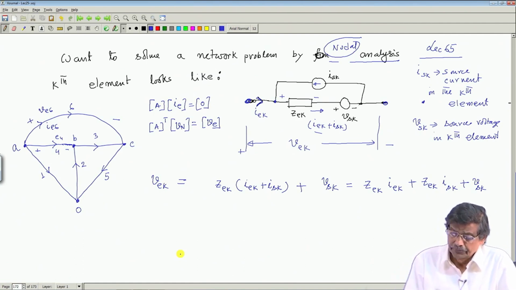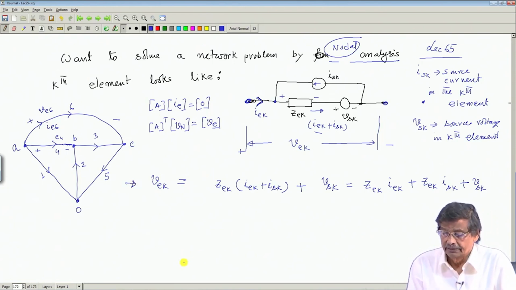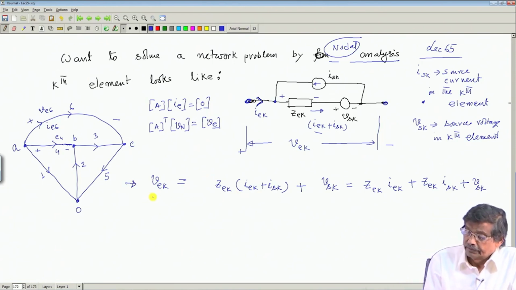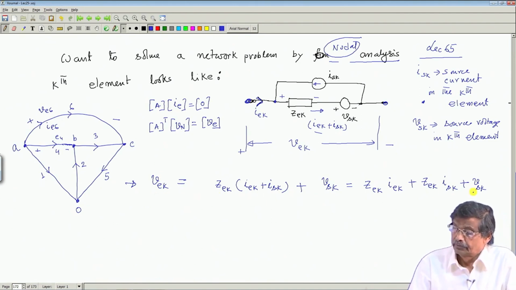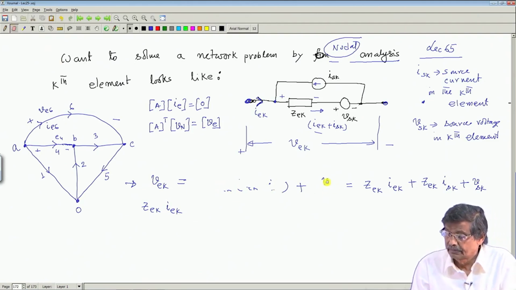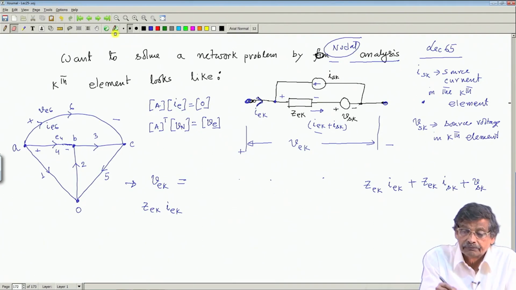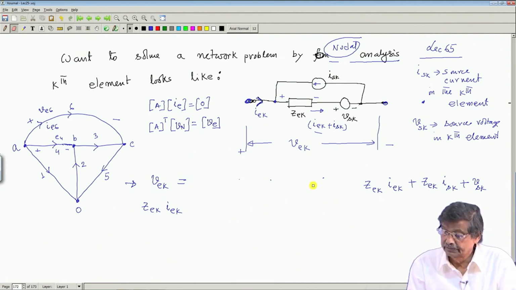So, once again we come back to this equation. First thing is I will apply KCL. This equation is true, we have already got it. Then V_e_k is equal to this one.